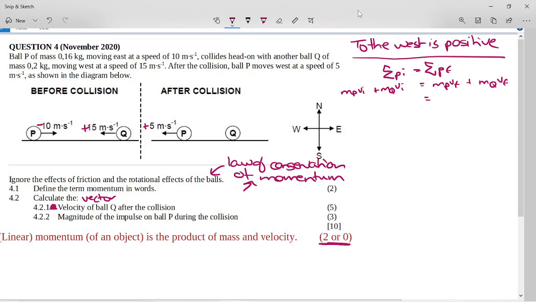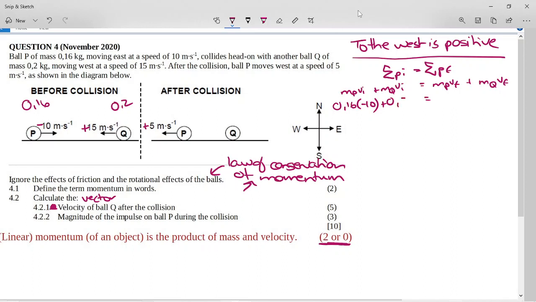So the question tells you that P has a mass of 0,16 and Q has a mass of 0,2. So this is going to be 0,16 multiplied by negative 10 because P's initial velocity is easterly, which makes it negative according to my vector convention.